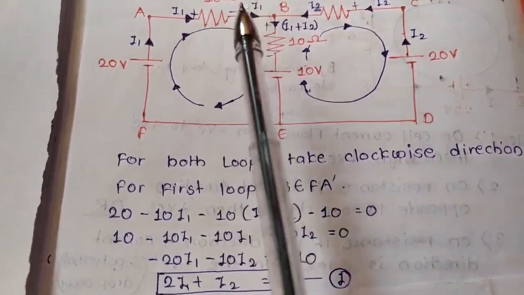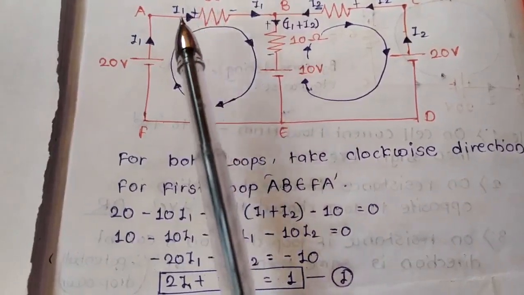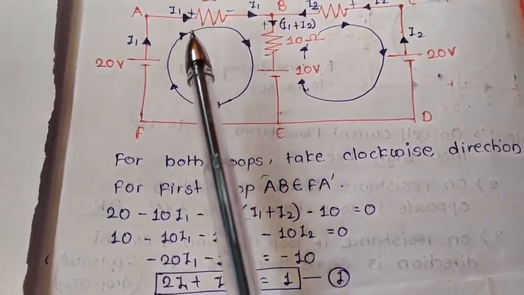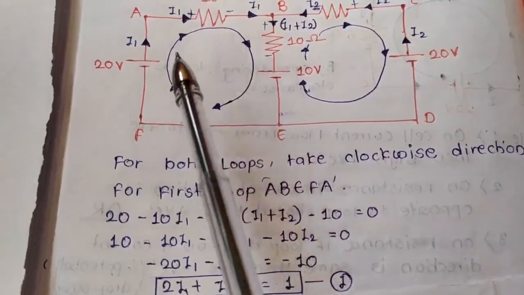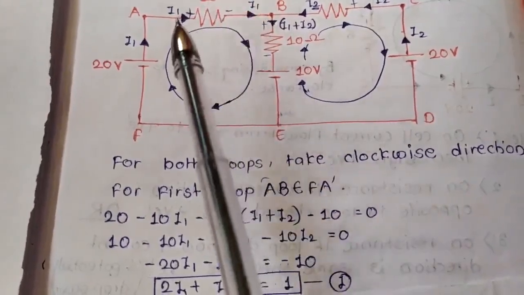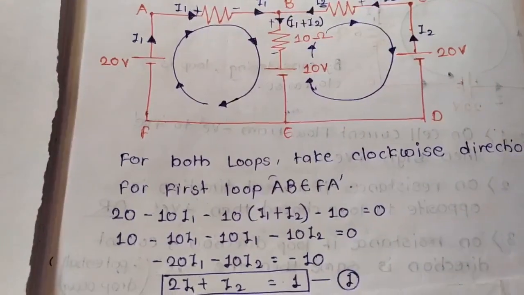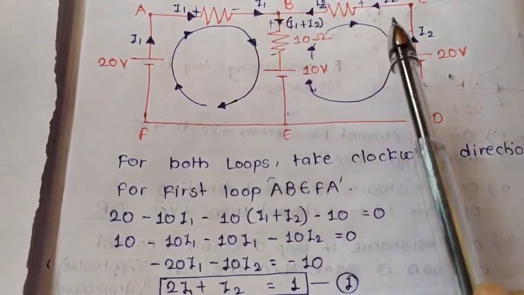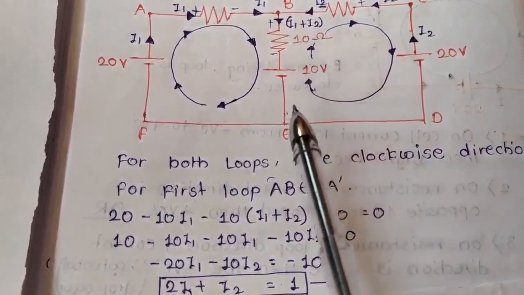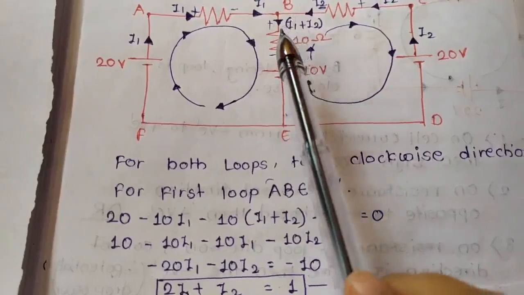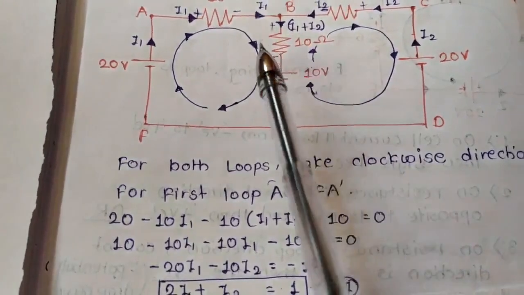Hence, we know that on resistances, if a current is flowing in the same direction that of a loop direction we choose for the calculation, then take minus 10 into I1. Now this I1, and from this I2 means I1 plus I2 for this branch, this is a current I1 I2 for 10 ohm resistance and this 10 volt.